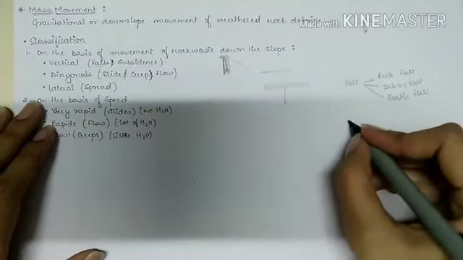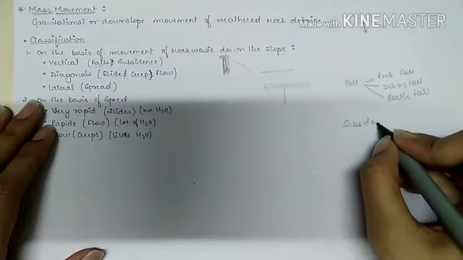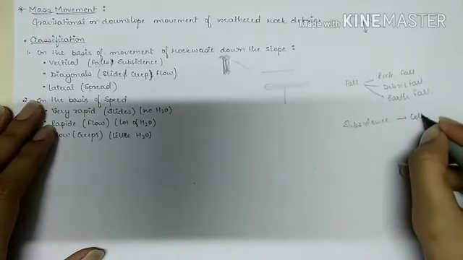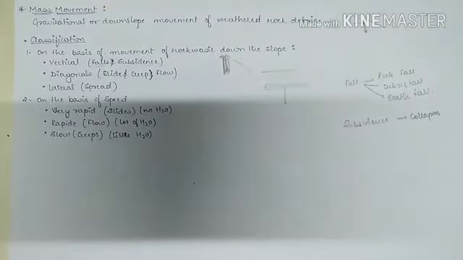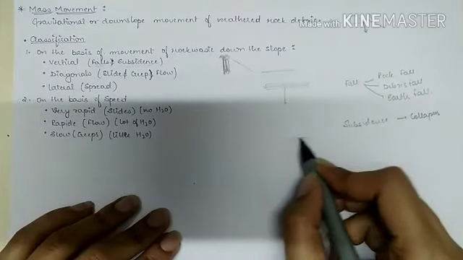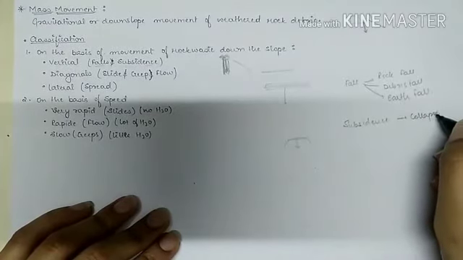Subsidence is of two types. The first one is collapse. Collapse actually occurs in the roofs of underground caves. So this is an underground cave, and its roof will collapse.